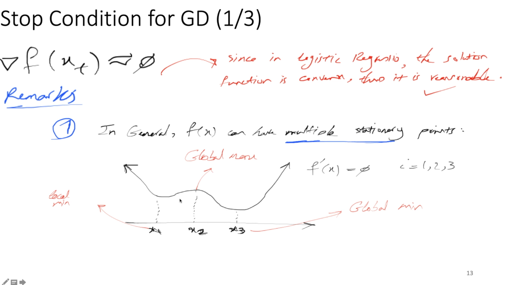So you had 3 points, first x1 and then x2 and then x3, as the points where your f prime of x would be 0, right?